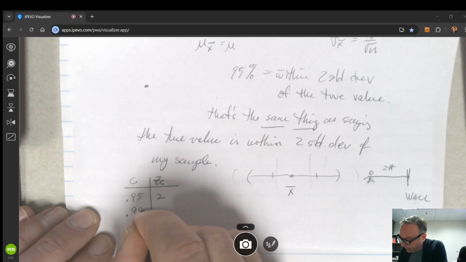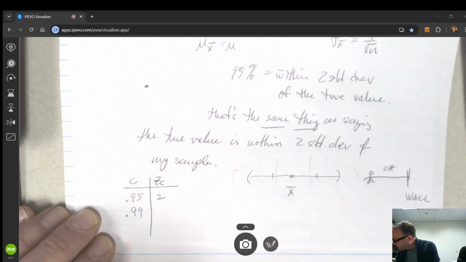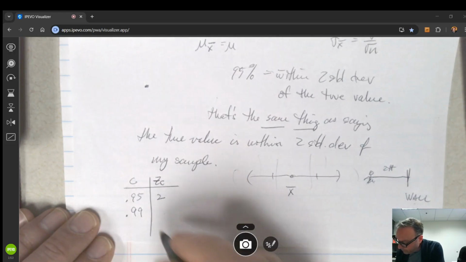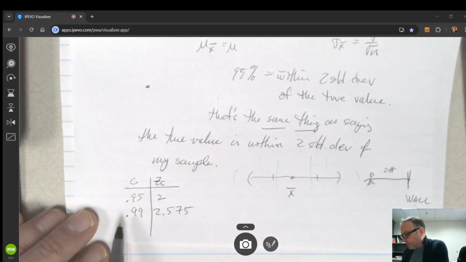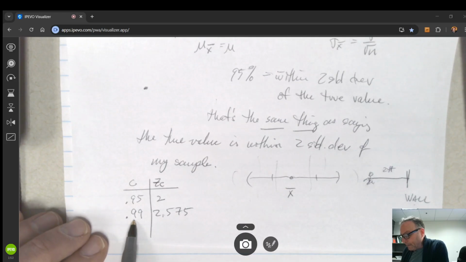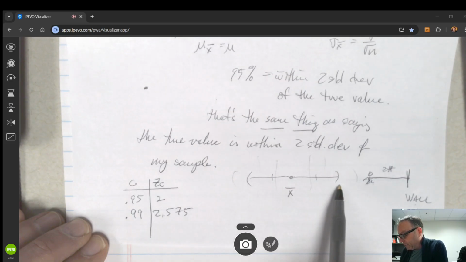Typically, they don't use the 99.7. They just use 99, and that comes out to be 2.575. So if I want to make my confidence 99%, that corresponds to 2.575 standard deviations from the mean. Like 99.7 is actually 3, you know that.